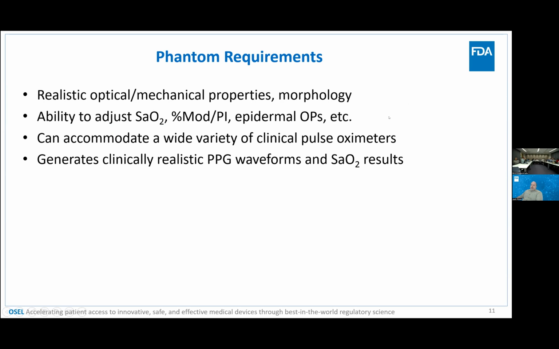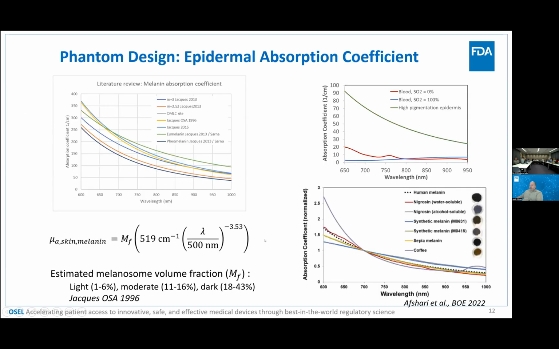We want the ability certainly to adjust saturation, the percent modulation, epidermal optical properties, and a variety of other parameters. We want to be able to accommodate a wide range of clinical pulse oximeters, and generate clinically realistic PPG waveforms and saturation results.